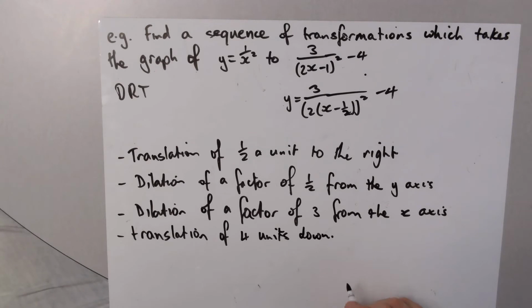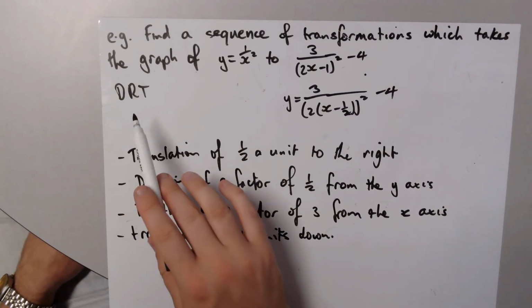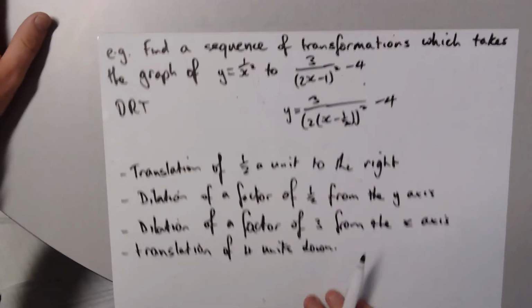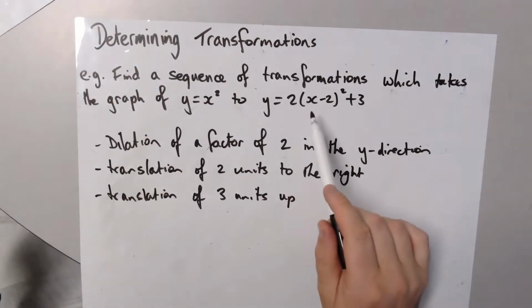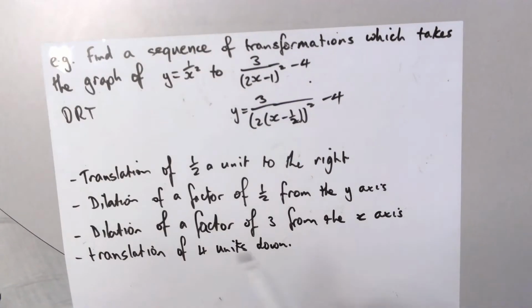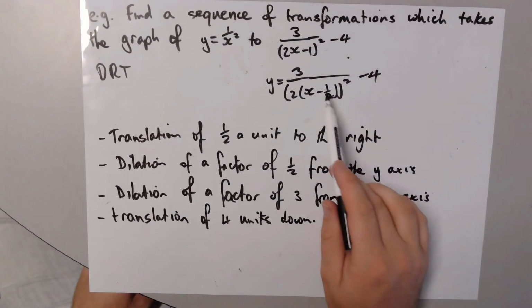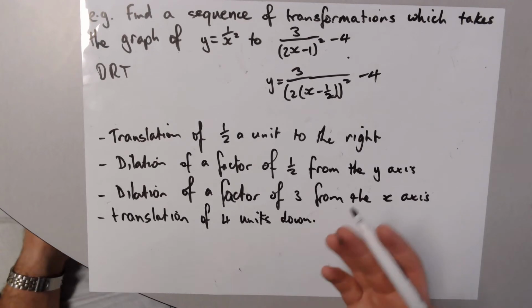I mentioned this DRT thing, dilation, reflection, then translation, which works well for ones like the first one that we looked at, because we didn't really have anything going on in our brackets. But with this example, I like to factorise them first, so we can talk about what's in our brackets, like we do when we're going to graph it or solve it.